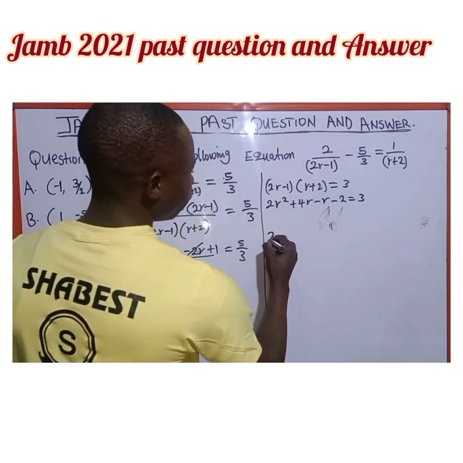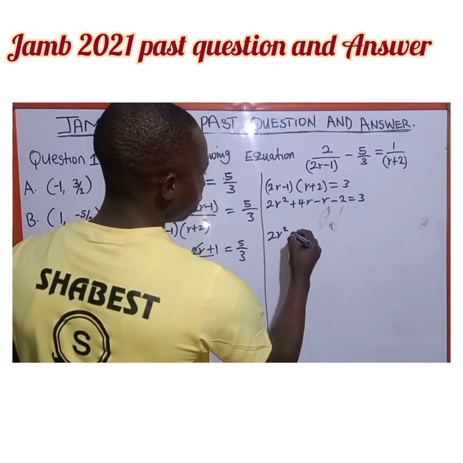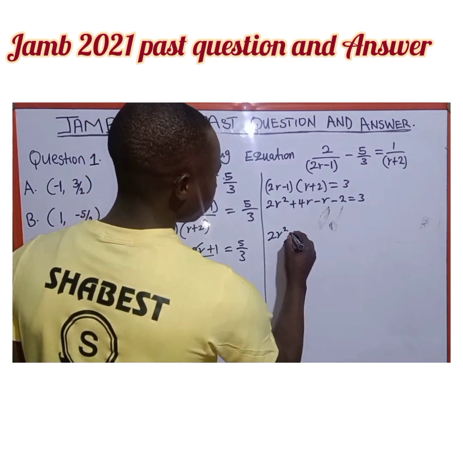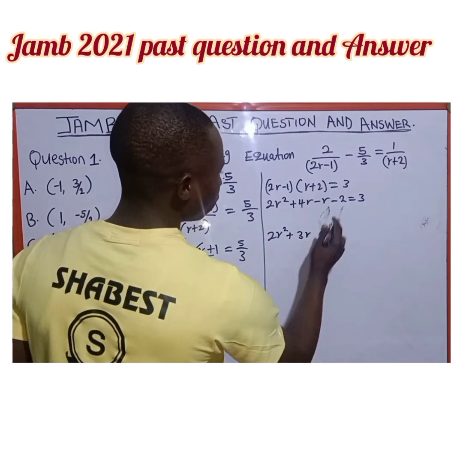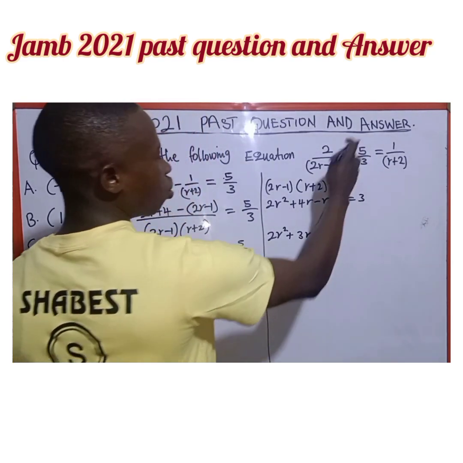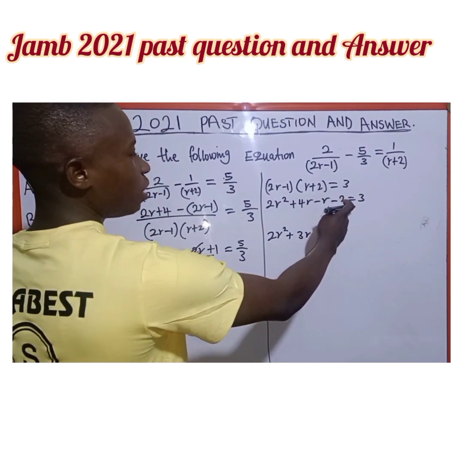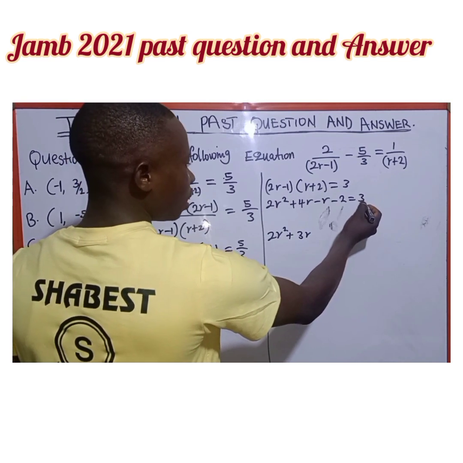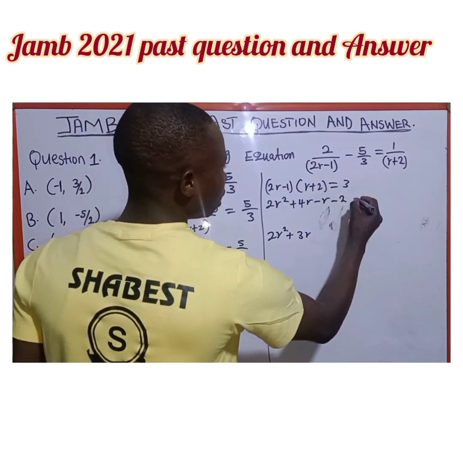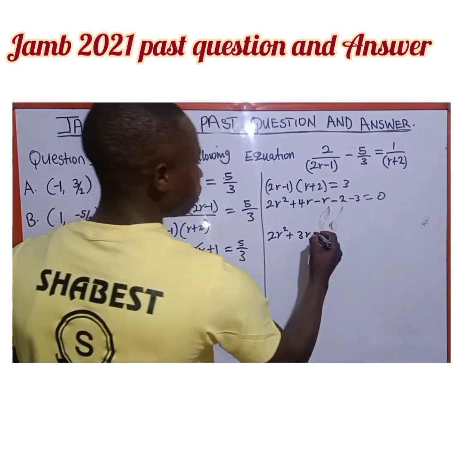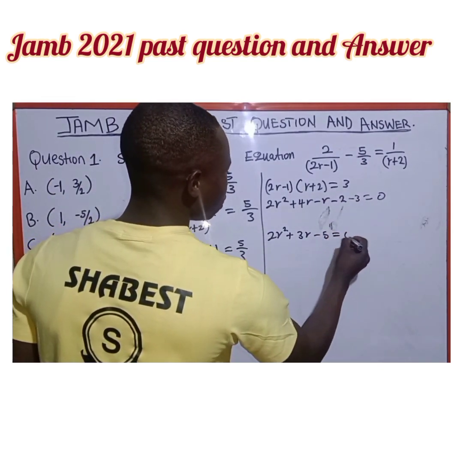So we are going to have 2r squared plus 4r minus r, which gives me positive 3r. Then this 3 is positive here, it is going to cross to meet this constant here and become negative. So negative 2, negative 3, is equal to 0. So negative 2, negative 3 gives me negative 5, which is equal to 0.